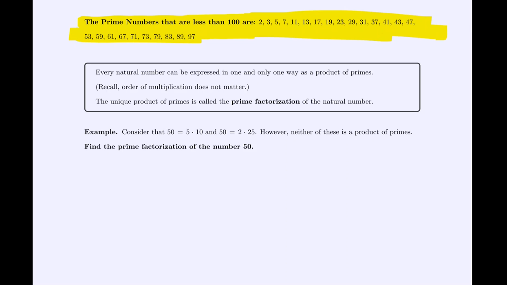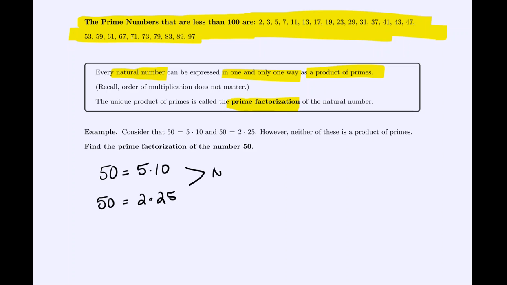Now one important thing to realize about prime numbers is their particular property in that every natural number can be expressed as a product of primes in a unique way. This is what's called a prime factorization. So specifically, notice 50 can be expressed as 5 times 10, and 50 can also be expressed as 2 times 25.